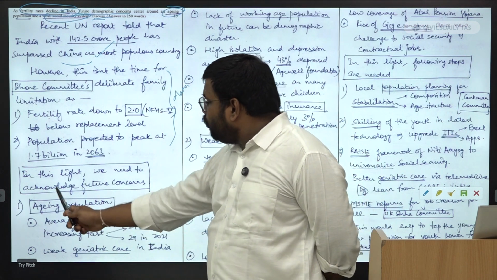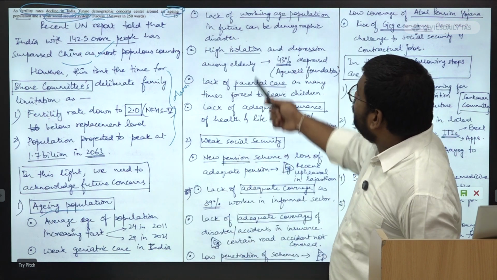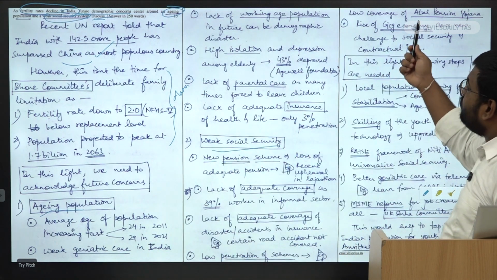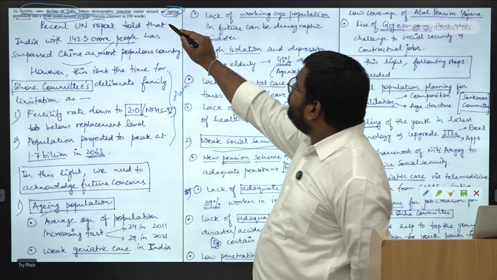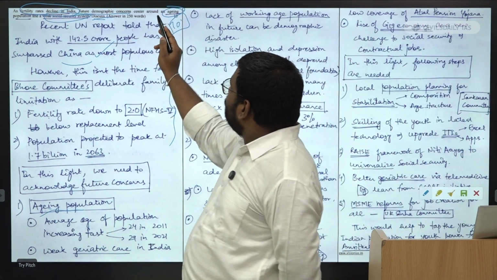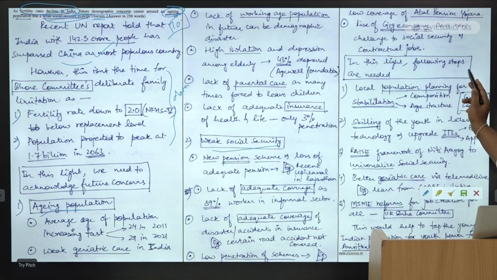Then we need to acknowledge future concerns. So aging population and their concerns, and weak social security and their concerns get the maximum weightage, that is 70% weightage, and then this is the way forward.